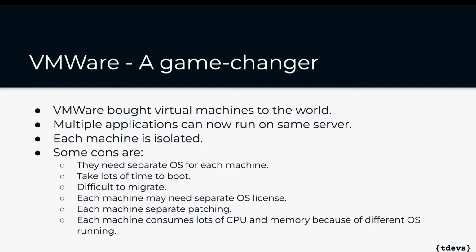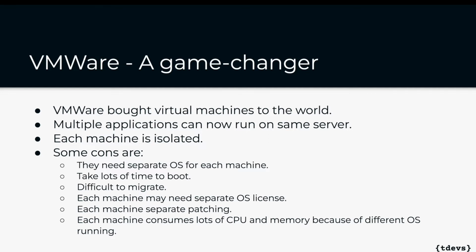Let's say we have deployed 4 virtual machines, we have assigned 6 gigs of RAM to each virtual machine, and now in each virtual machine we can deploy a separate application. So all 4 applications are now on a single server, and each application is fully isolated with its own operating system.